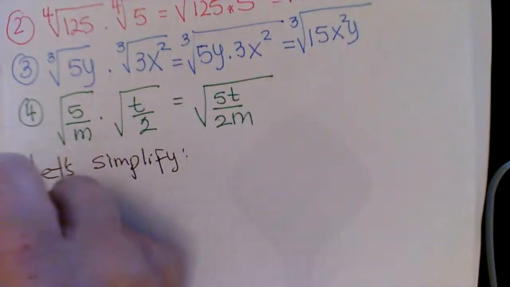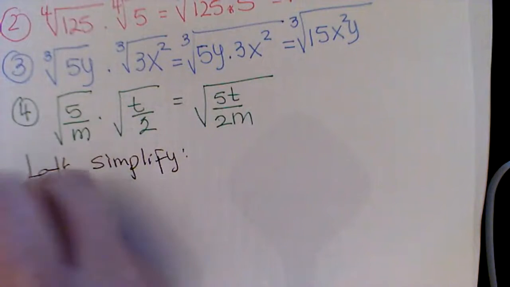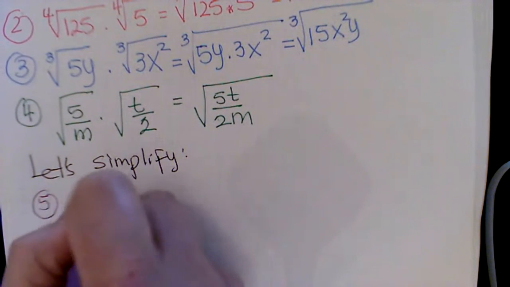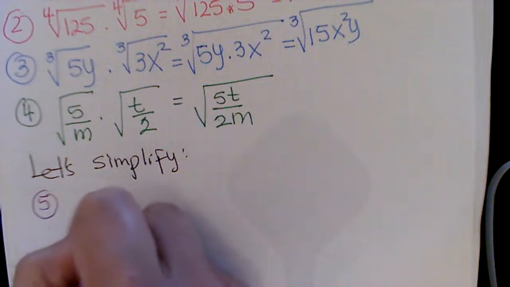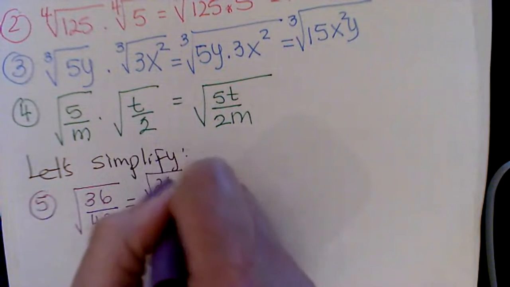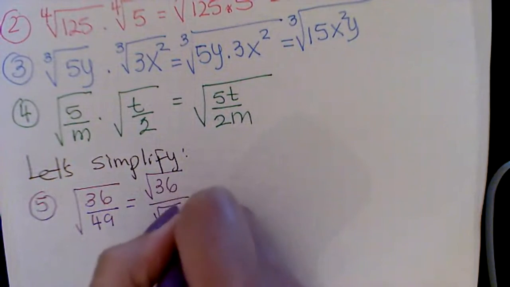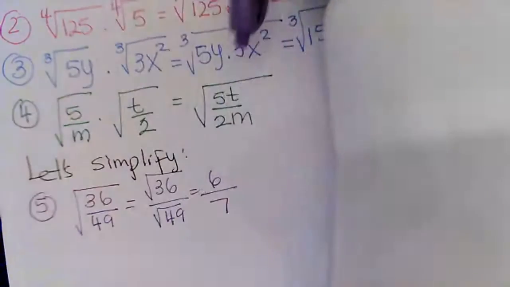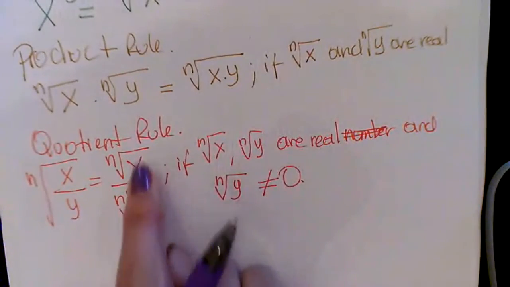And we have the square root of 36 over 49. So I'm going to do the square root of 36 and the square root of 49. This is 6 and 7. I'm applying the quotient rule.